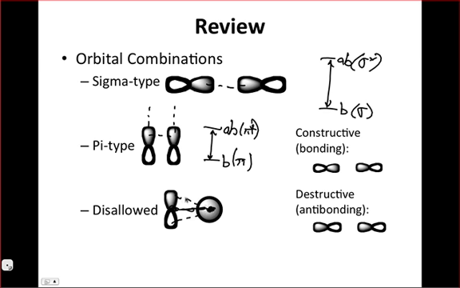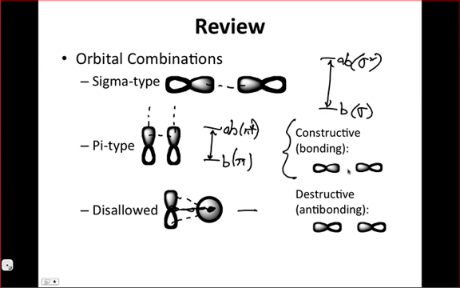As a result, there's equal parts constructive, which is this interaction of this top lobe with the 2s orbital, and destructive, which is the bottom lobe of the 2p orbital with the 2s orbital overlap as we bring those two together. And so this is a disallowed combination, and we would see no interaction whatsoever because there's no energy incentive for that interaction.